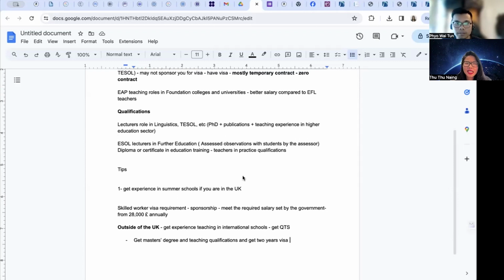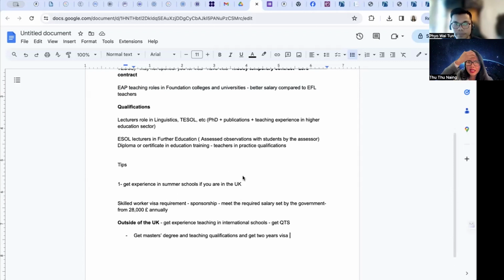And the final option is the PhD, right? If the PhD is from universities with low ranking, then it might be hard to get a lecturer job in the UK as well.